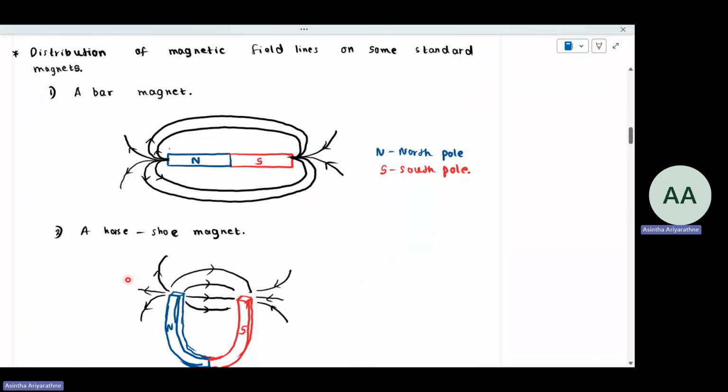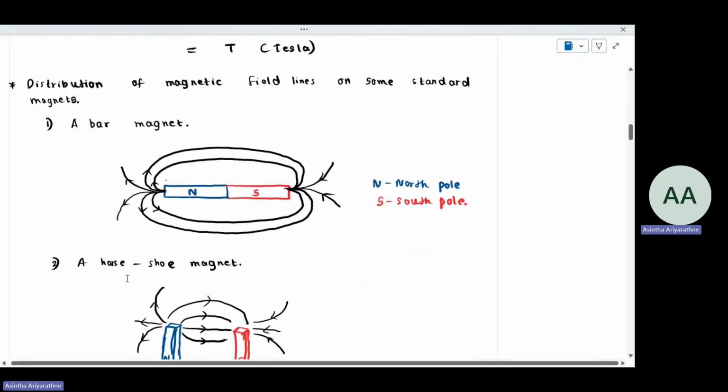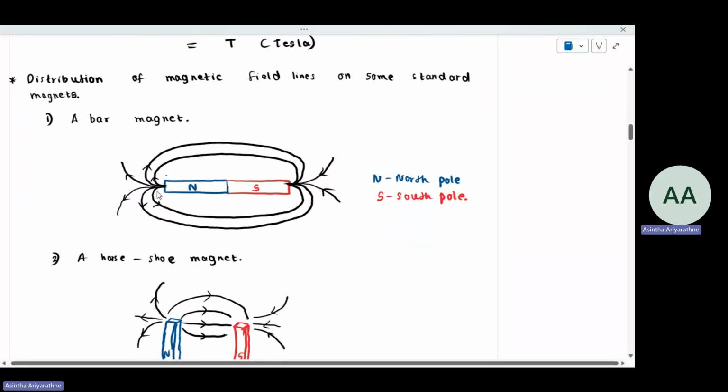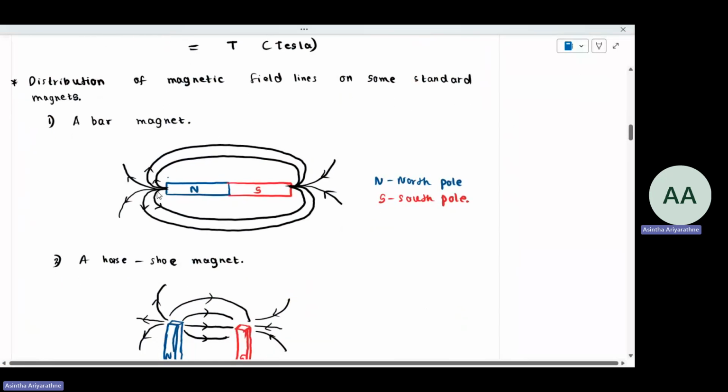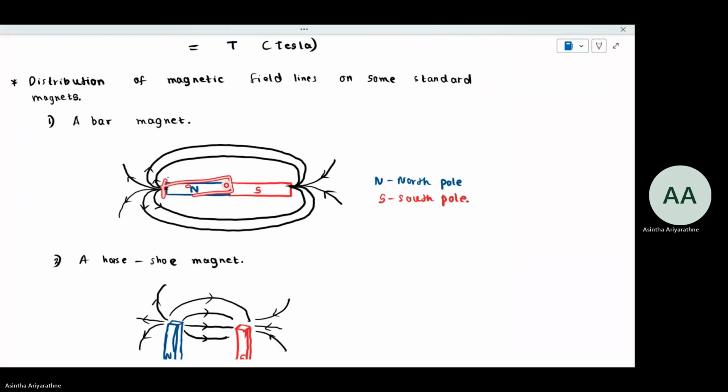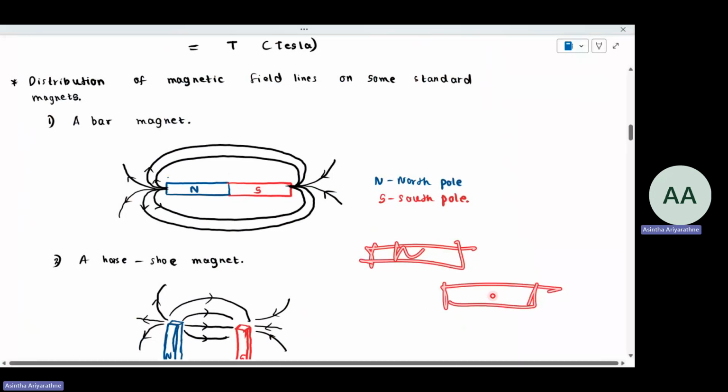Then we talked about the distribution of magnetic flux lines around a permanent magnet. The specialty with magnets is that there is always a North Pole and a South Pole. There is no magnet having only a North Pole or only a South Pole.